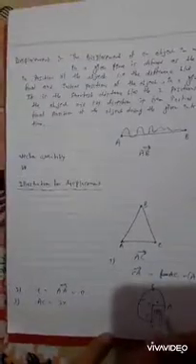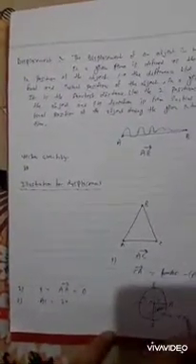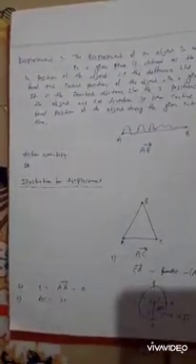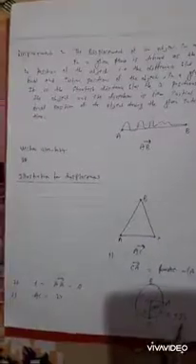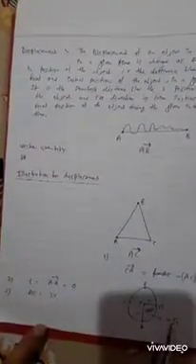According to the Pythagoras theorem, we get AD equal to R under root 2.